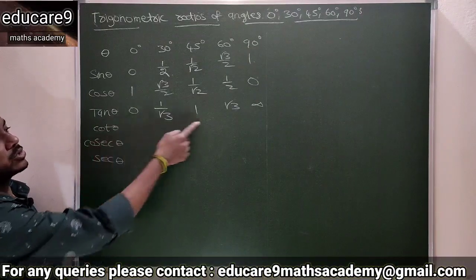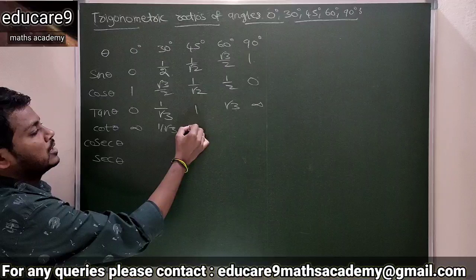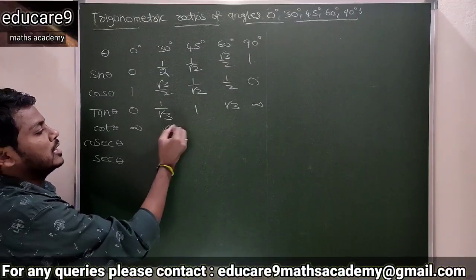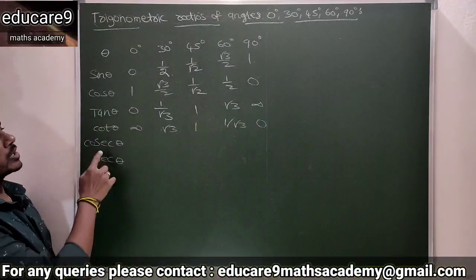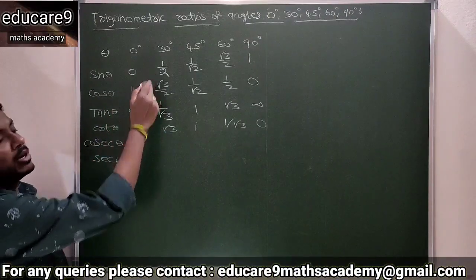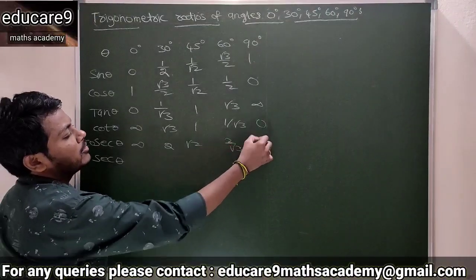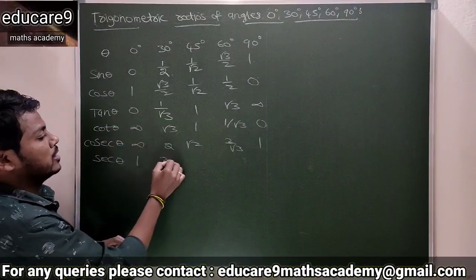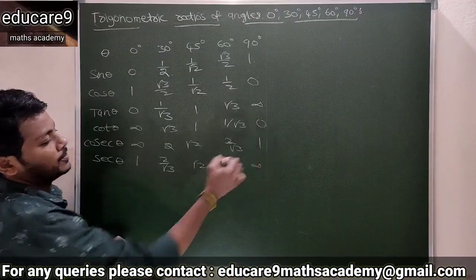Next cot, so write in reverse: infinity, root 3, 1, 1 by root 3, 0. Cosec theta is 1 by sin, so 1 by 0 is infinity, 2, root 2, 2 by root 3, 1. Sec theta is 1 by cos theta: 1, 2 by root 3, root 2, 2, infinity.